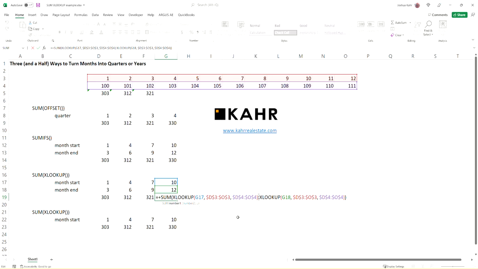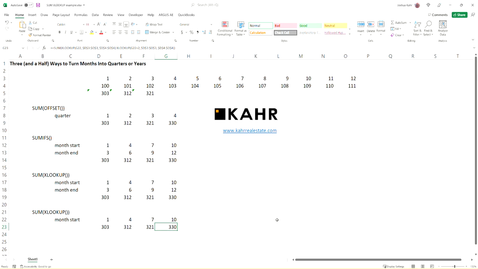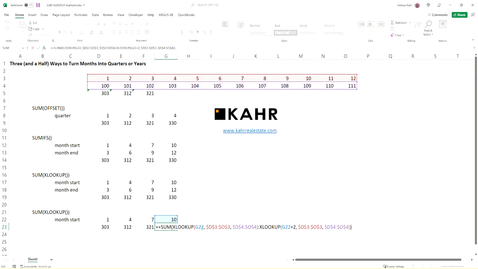Now that works well, and it's got other benefits too, but one thing is, in this case, if you think about it, if you're starting at month 10 and you're ending at month 12, and these are quarterlies, what you're doing is you're really saying start at month 10 and then go by 2 months. So instead of doing this thing, what I've started to do is this thing, where I say start at month 10, look in the red area, add up the purple area, and go until 2 numbers higher than 10.